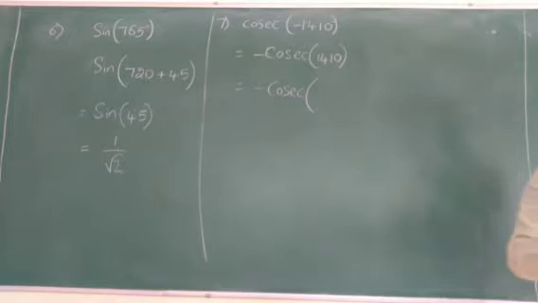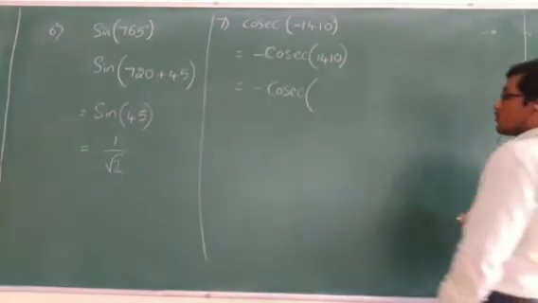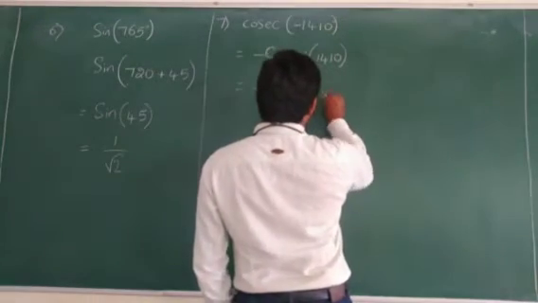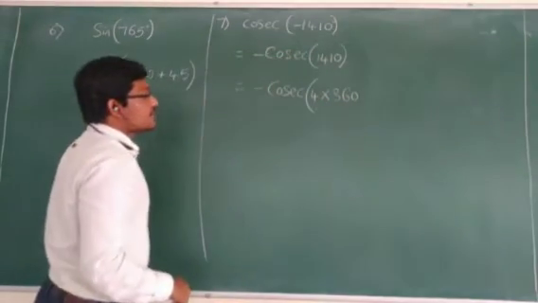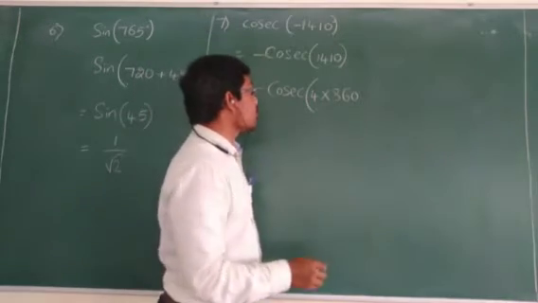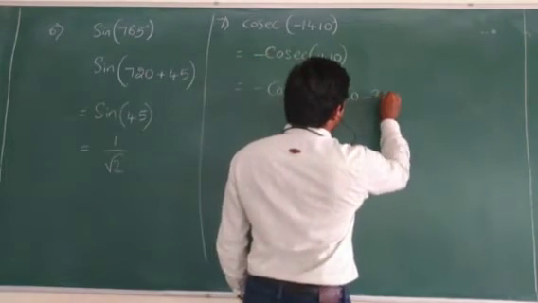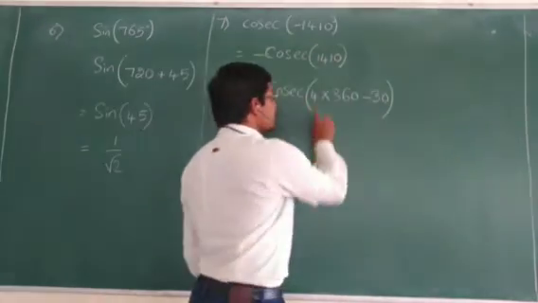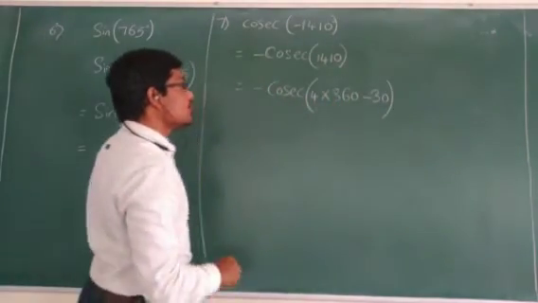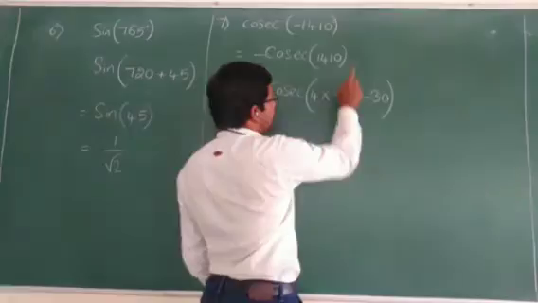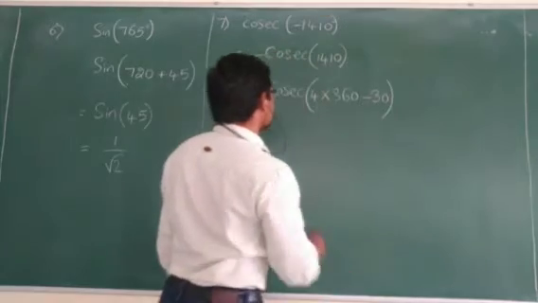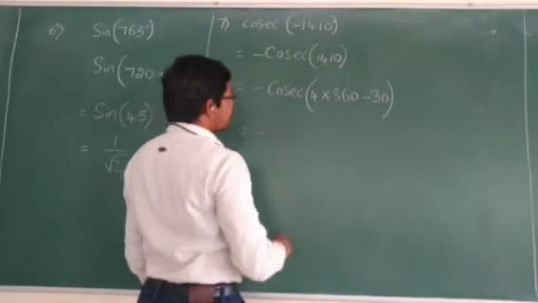Next, 360 into 3 is 1080. So 4 into 360 you can take, that will become 720 plus 720, that is 1440. But here you have 1410, so we take minus 30.